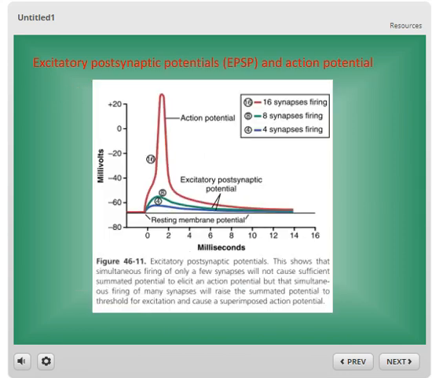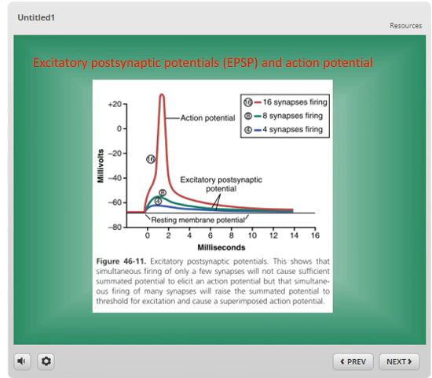Okay, as you see, this picture shows the excitatory postsynaptic potential, the blue and the green curve, and the action potential shown in the red curve. In this curve, the x-axis is time and the y-axis is voltage.